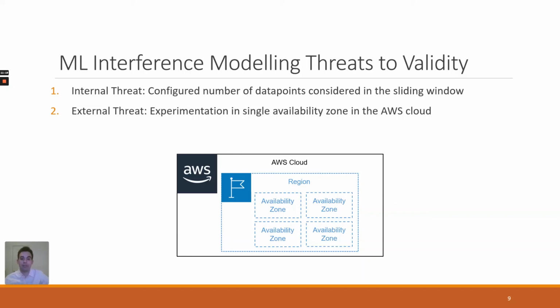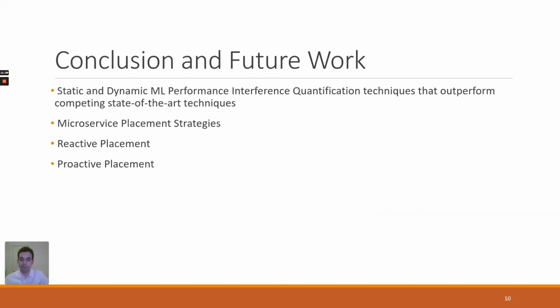As an external threat, our experiments were conducted in a single availability zone. In the AWS cloud, our experimentation considers multi-VM deployment strategies within the same availability zone. We do not consider deployment strategies across multiple availability zones.